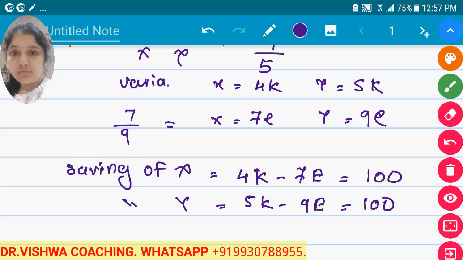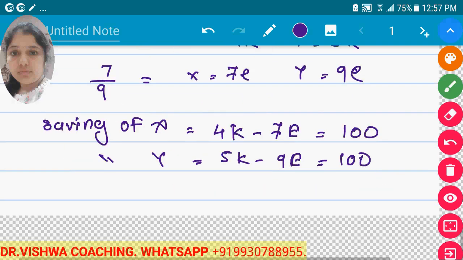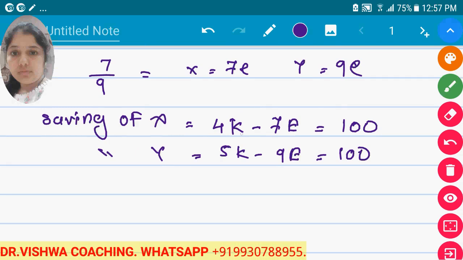Now linear equation we had learned, and we have to cancel one variable, so we have to make the constant of one of the variables common. Okay, so I want income, I don't want expenditure, so I will keep the k and I will delete e. Okay, so to delete e I must have to multiply with some number here.